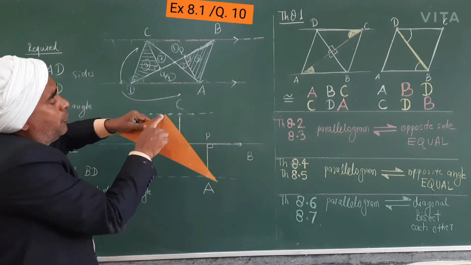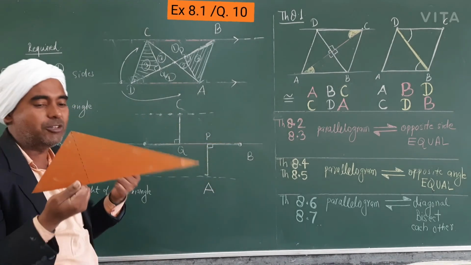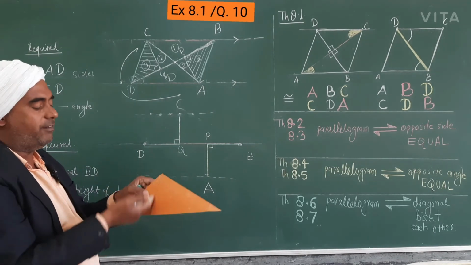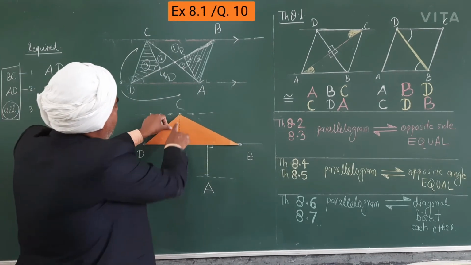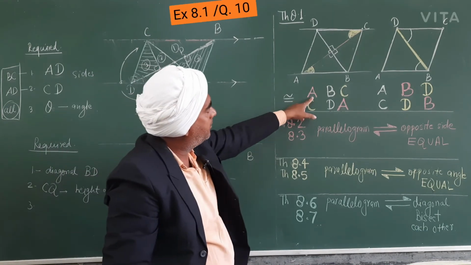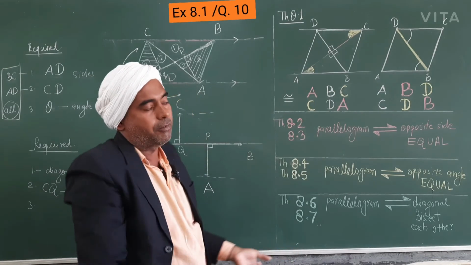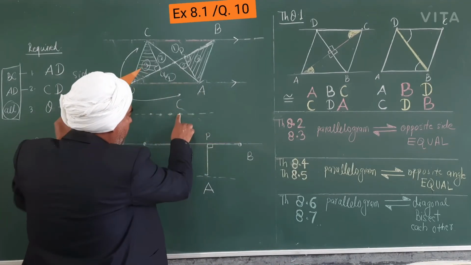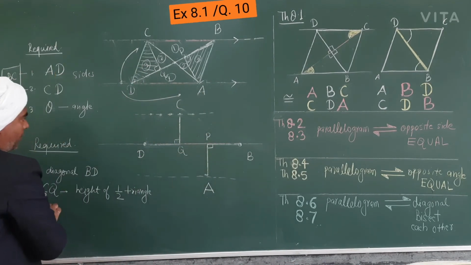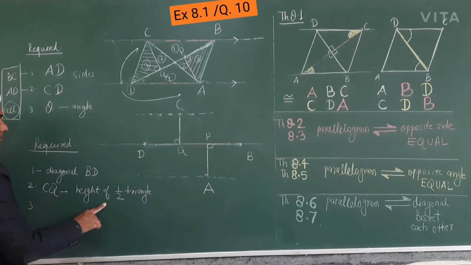If two triangles are congruent, their height will be the same, because this is actually one triangle. So the height will be the same. Similarly, this height will be equal to this. So if you know only CQ, we can get this also through the theorem.